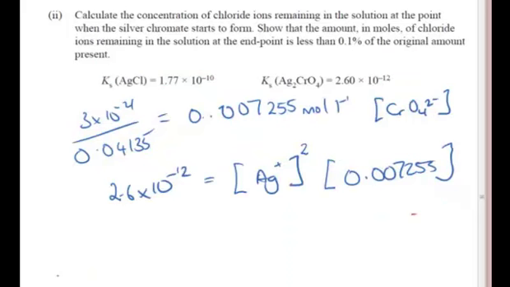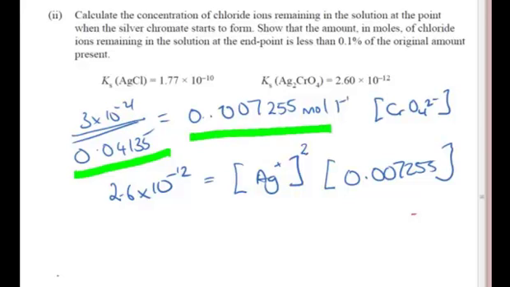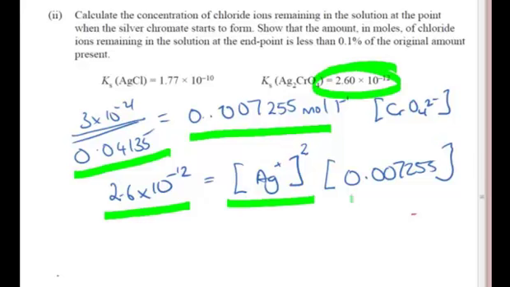Okay, so rewriting that, we'll find that we have 3 times 10 to the negative 4 moles divided by 0.04135 litres. I've left out the units, but anyway, that's going to give us 0.007255 moles per litre of chromate. Now if we use the expression Ks, which is 2.6 times 10 to the negative 12, which we're given, equals the silver ions squared times the concentration of chromate, which we've just worked out.